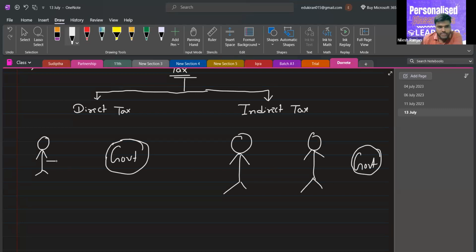So when a person directly pays tax to the government, then it is called direct tax. And when a person pays tax to some other person, and that other person pays the amount to the government, this is called indirect tax.